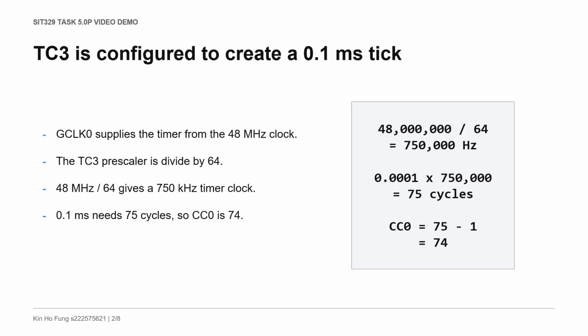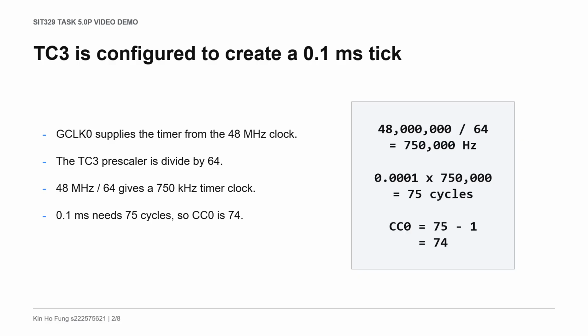The first key design decision is the timer setup. I selected TC3 in 16-bit match frequency mode. The Arduino SAMD core provides GCLK0 from the 48 MHz clock, with a divide by 64 prescaler. The timer clock becomes 750 kHz.